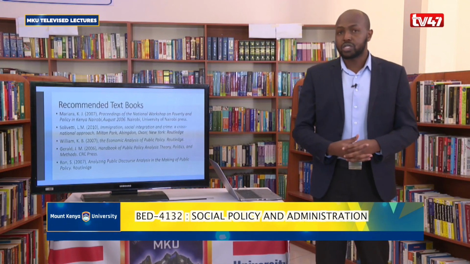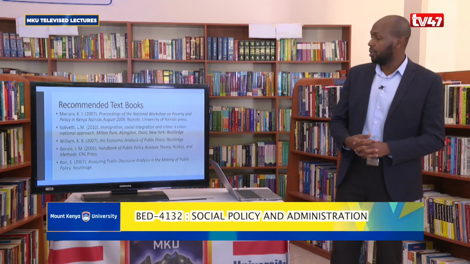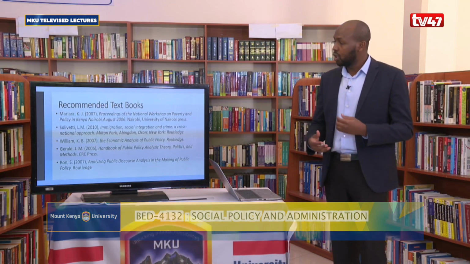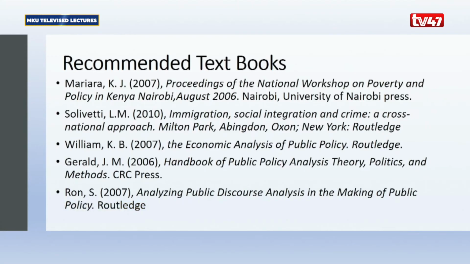Now we have several recommended books that you can refer to, to help you understand social policy and administration better. These include the proceedings of the National Workshop on Poverty and Policy in Kenya, done by Mariara. Then you can also go through Migration and Social Integration and Crime, a cross-national approach, by Solivetti.